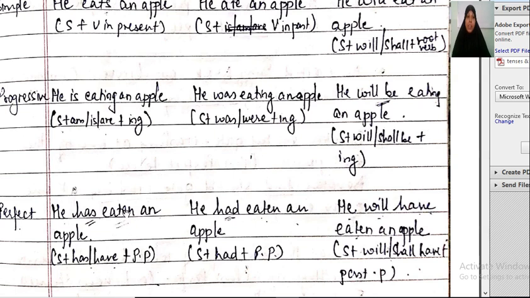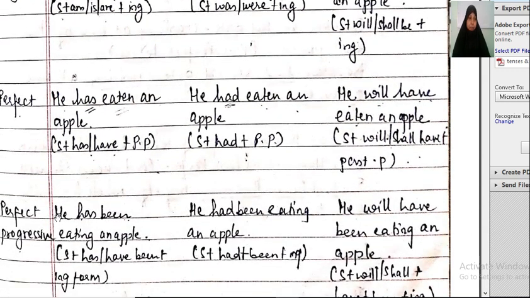You have to use the past participle of the verb. Keep in mind, in the present tense you just add s to the verb, in continuous tense you have to write the ing form of the verb, and in perfect tense you have to write the past participle of the verb. He has eaten an apple because it is simple perfect tense.